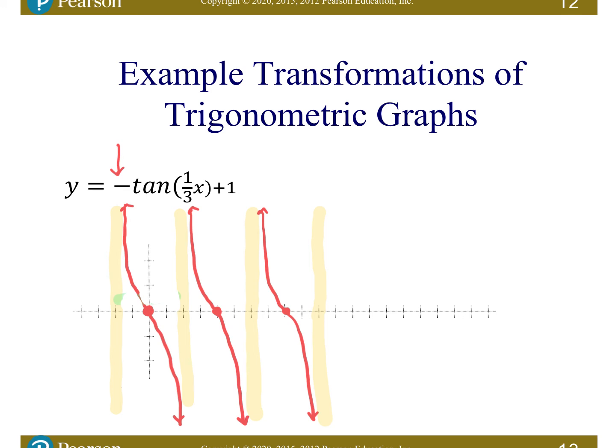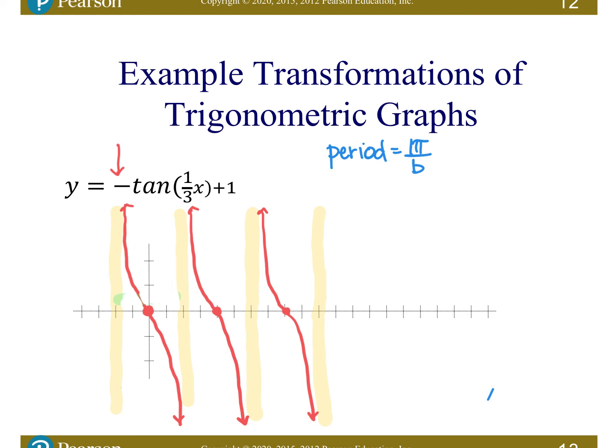Well, we want to do our equation. The equation for tangent, its period is no longer 2 pi divided by b. It is only 1 pi divided by b. And so my period is pi divided by b.